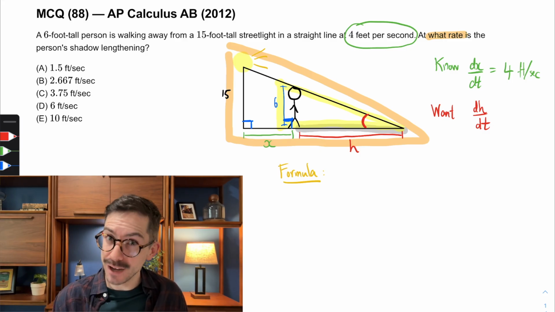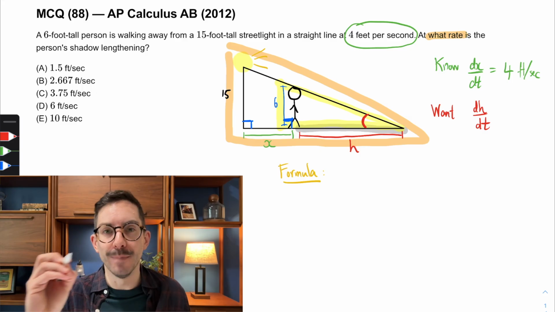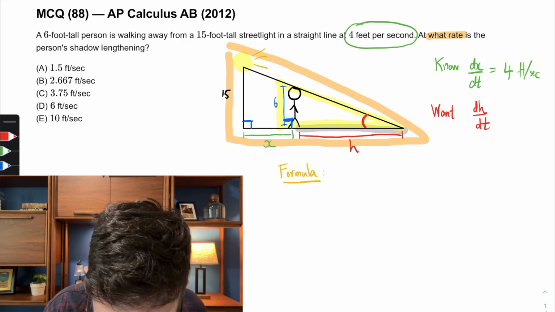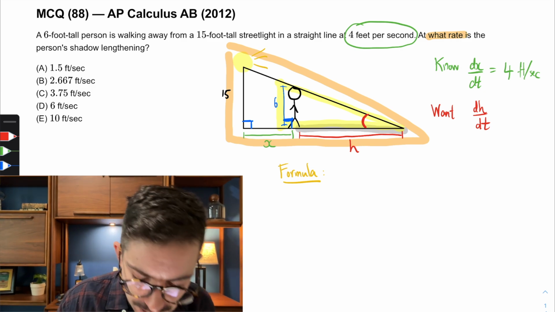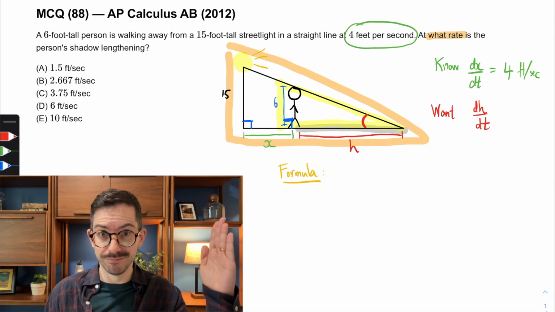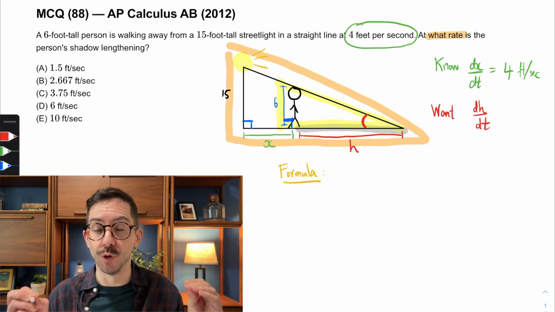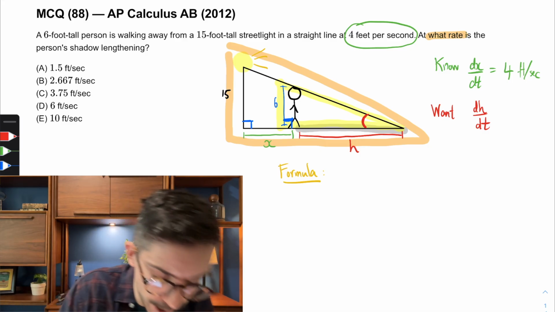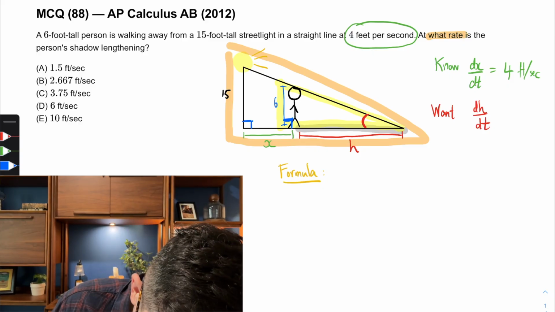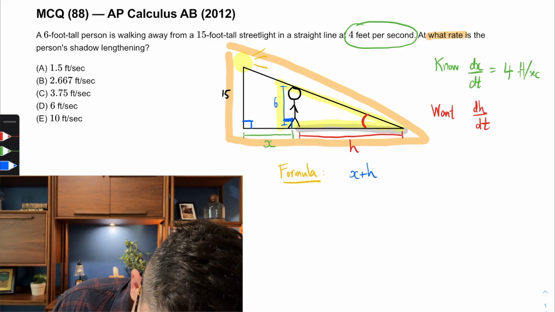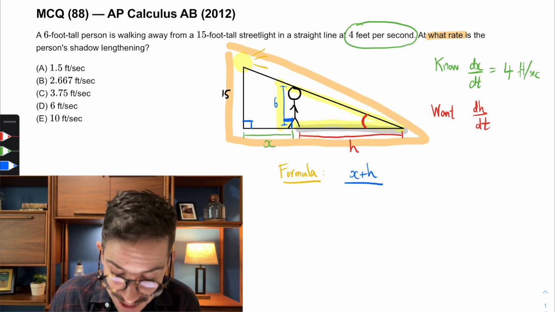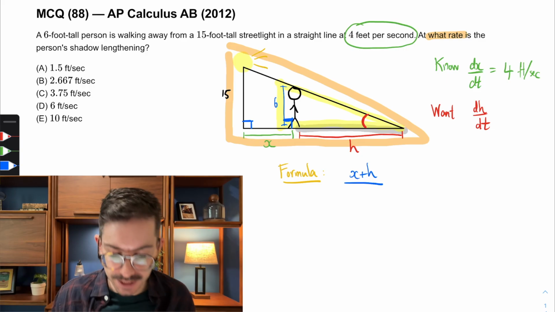And for similar triangles, I can always compare matching sides and know I have a proportion, okay? So in particular, if I look at the ratio of the horizontal side to the vertical side, that should be the same no matter if I'm looking in the small triangle or the large triangle. So let's look. In the large triangle, the longer leg of the triangle is x plus h, that full horizontal distance.